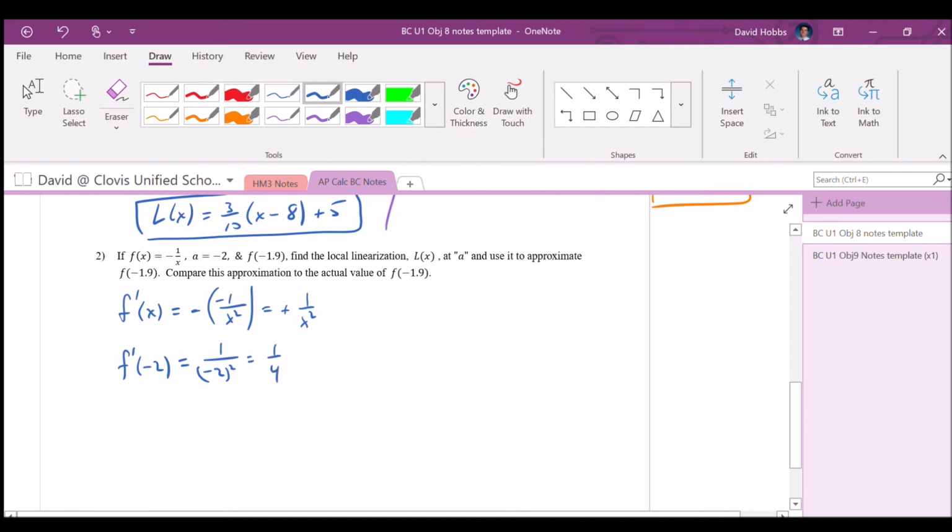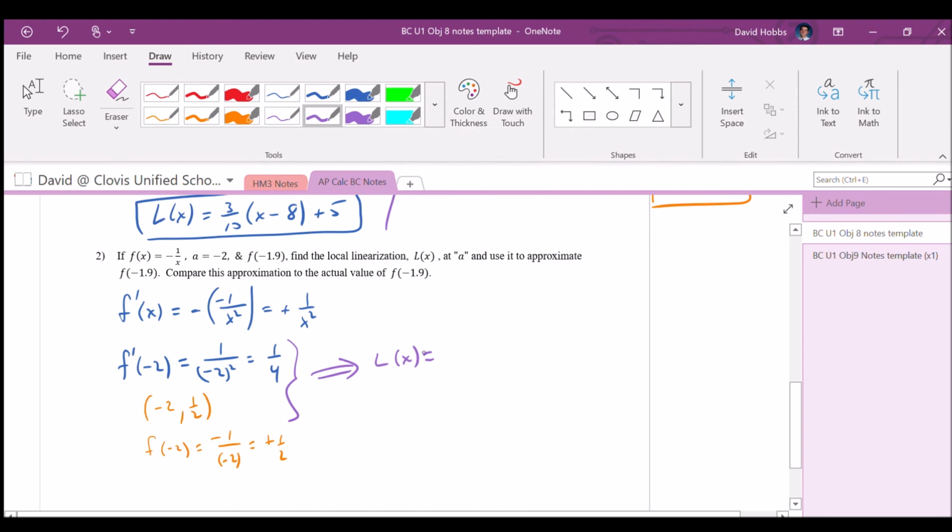I also need my point of tangency, the whole point, so -2 comma, okay, f of -2 is -1 over -2, which is positive 1/2. Okay, and so if I combine those, once you've done them a little bit, you could go straight to the L of x.